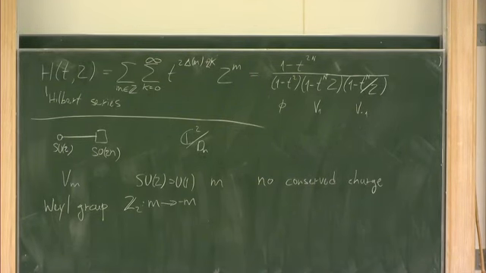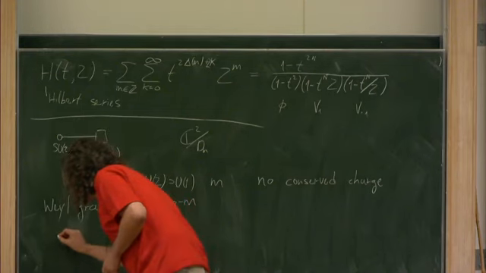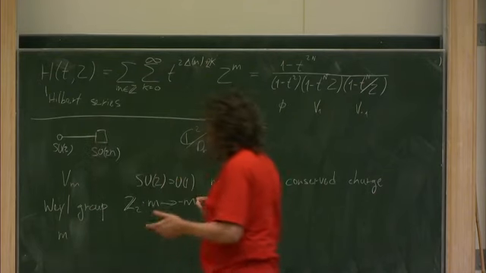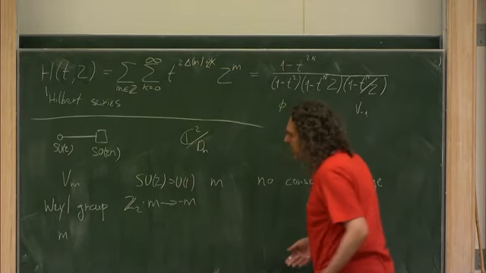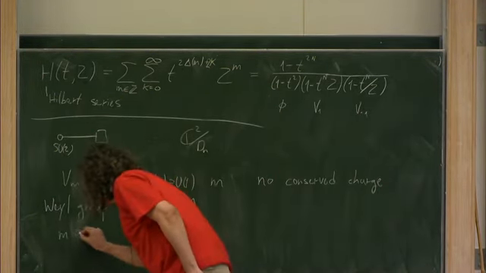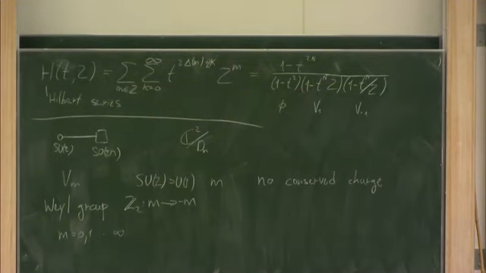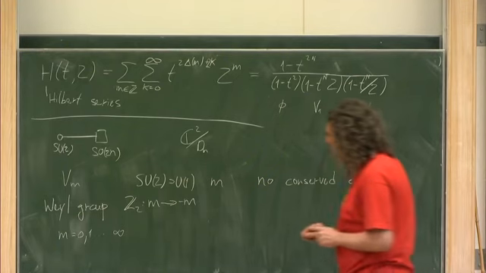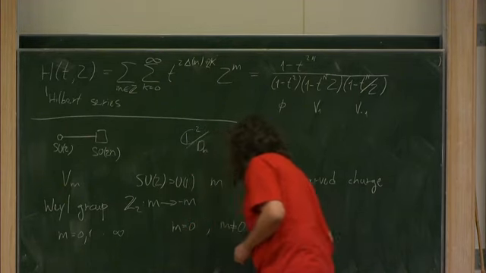Okay? So there's another thing which happens. If I take m as before to be on the line, now it turns out that because of this symmetry, m can be taken to be only non-negative. However, there is a distinction here between the point m equals 0 and m non-zero.